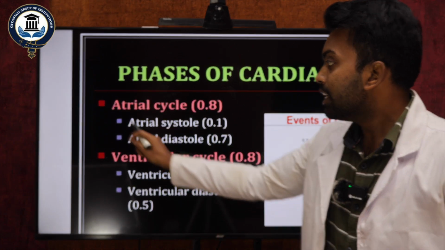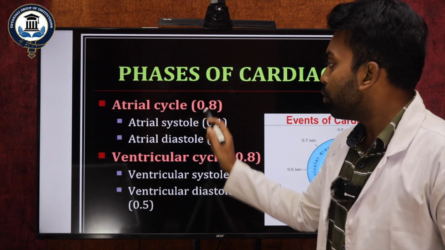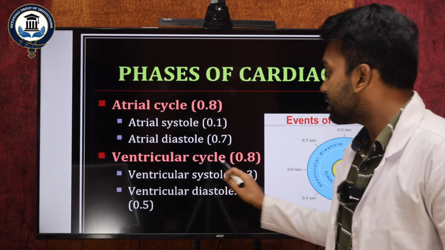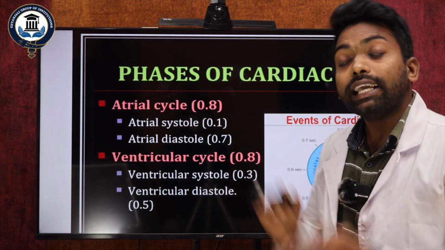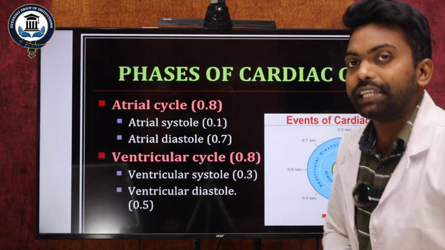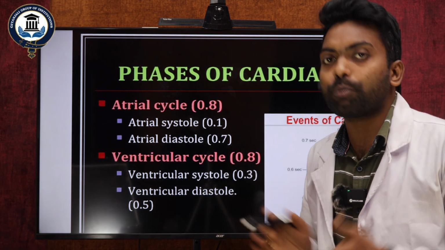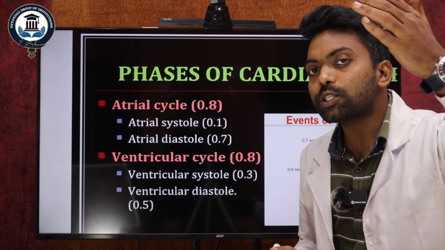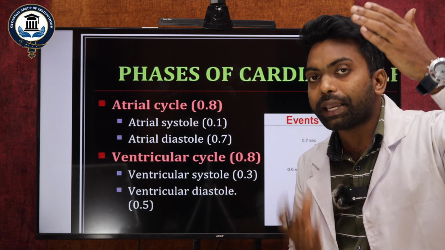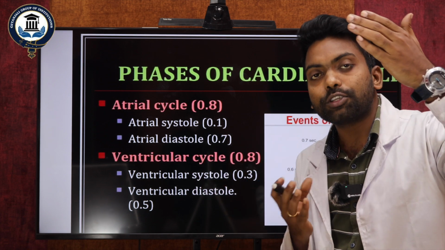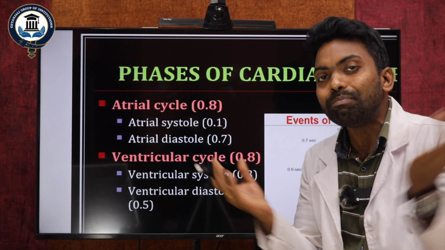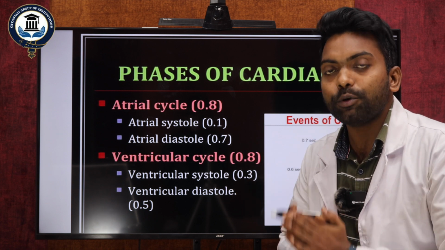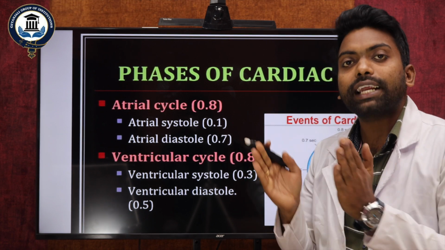The atrial cycle is about 0.8 second and the ventricle cycle is about 0.8 second. You must understand, my dear students, it is a simultaneous process. When atrial systole and diastole happen, at the same time ventricle systole and diastole also happen. The complete cardiac cycle duration is 0.8 second.